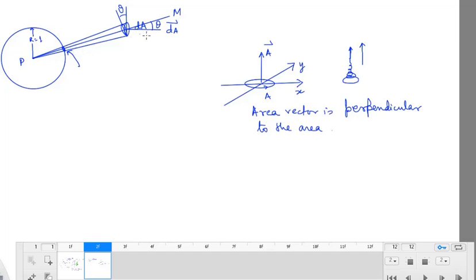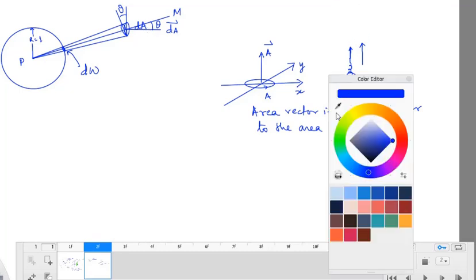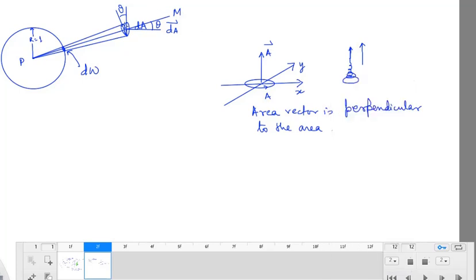And if we are measuring the solid angle of an elemental area, the solid angle will also be elemental, so this is denoted as d omega. Now if this slanting area is dA, what will be this area? Let me color it green, this green area. So this area will be dA cos theta.